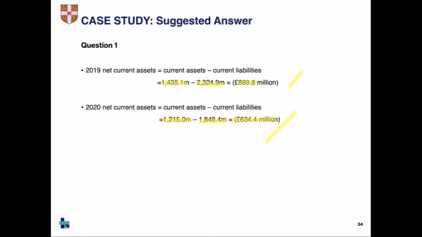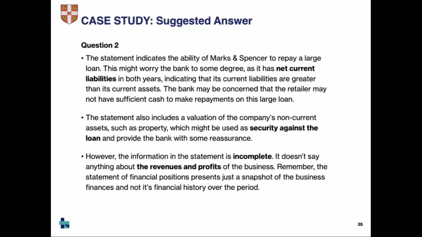All right. So let's look at the suggested answer for question two. So the first thing that we can say is that it has net current liabilities. Its working capital in both years is negative. All right. So the statement indicates the ability of Marks and Spencer to repay a large loan. This might worry the bank. The bank might be worried to some degree as Marks and Spencer has a negative working capital.